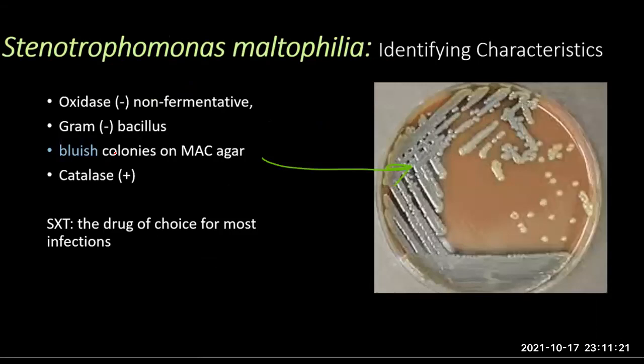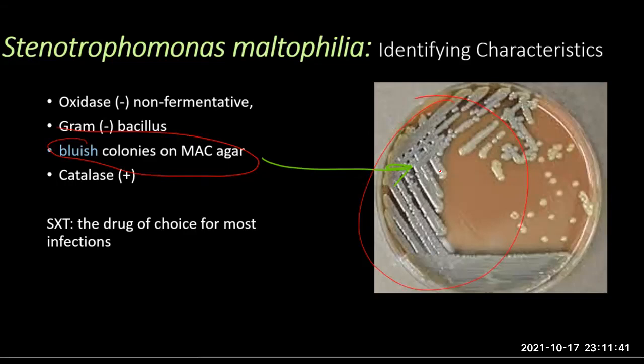Identifying characteristics of Stenotrophomonas maltophilia include gram-negative bacillus, oxidase negative, non-fermentative, and bluish colonies on MacConkey agar. They tend to appear bluish.